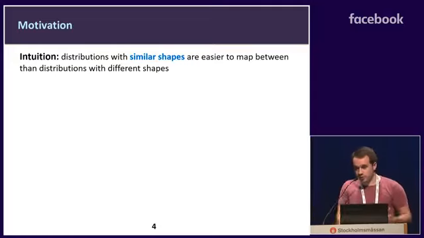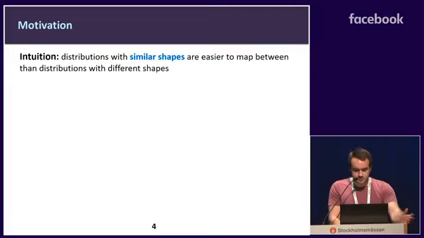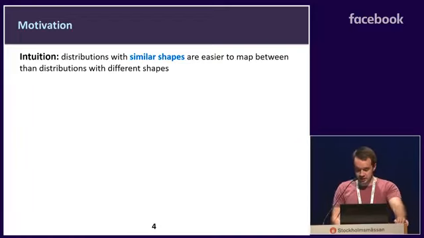I'm going to talk a bit about the motivation behind our idea. The intuition, which we don't go into any technical detail of in the paper, is that it's easier to map distributions from one to another if they have a similar shape.